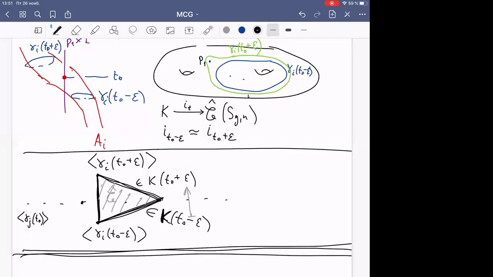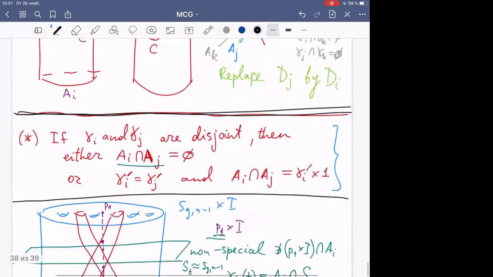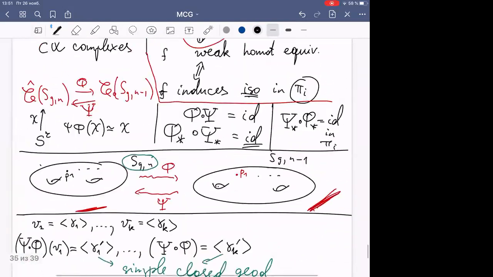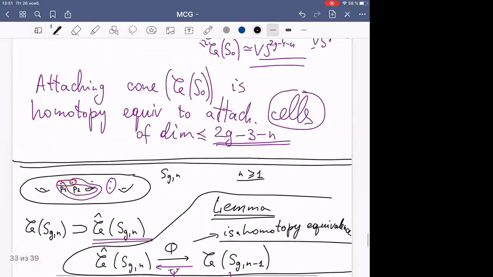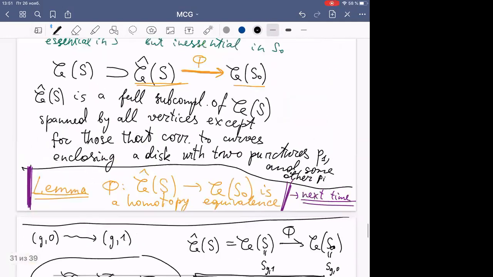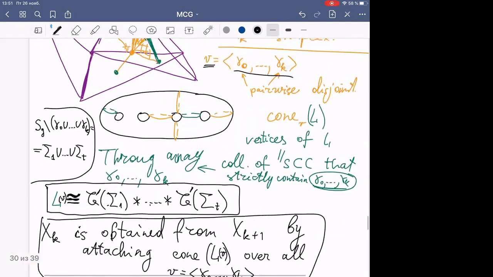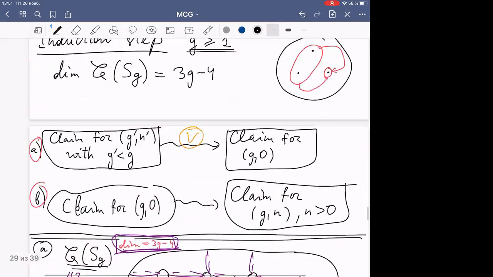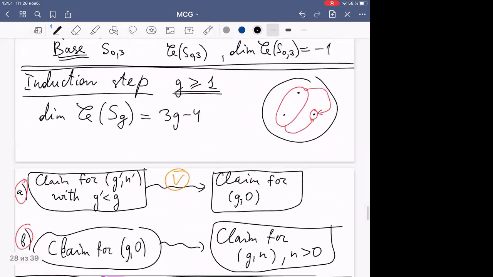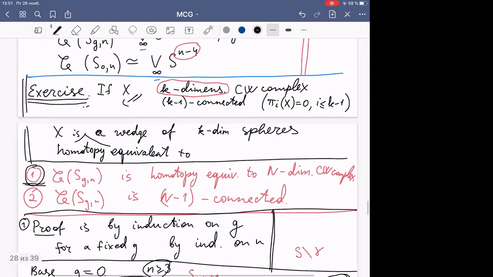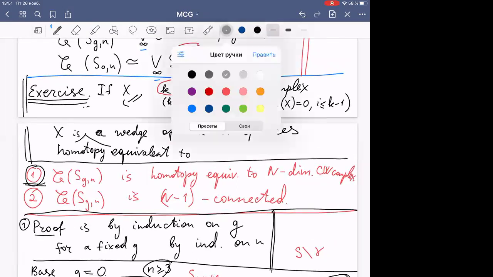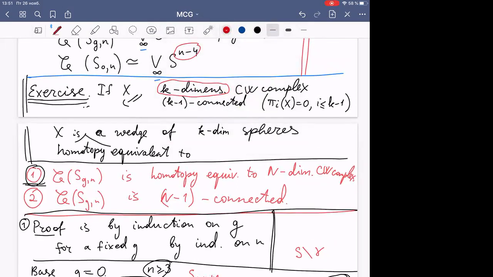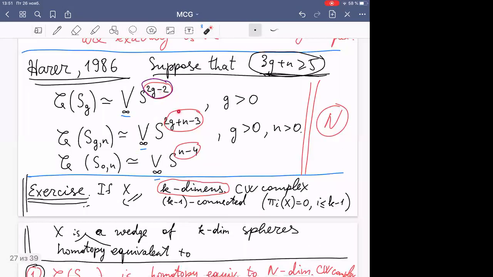And now, all of this was about the first claim, why our complex is homotopy equivalent to a complex of sufficiently small dimension, namely of this particular dimension in each of these situations.